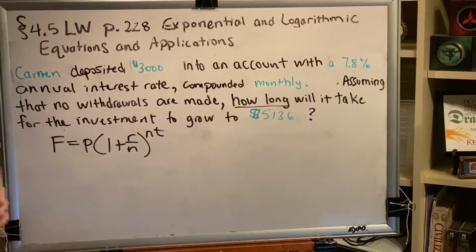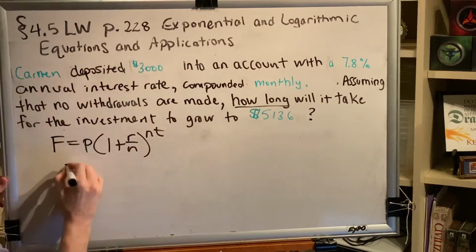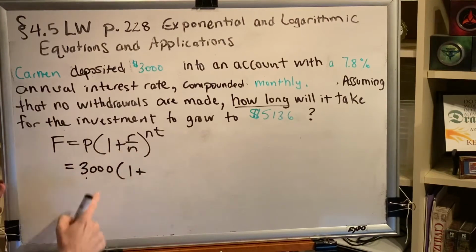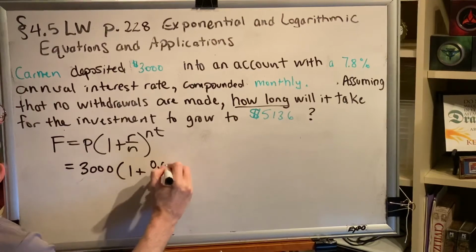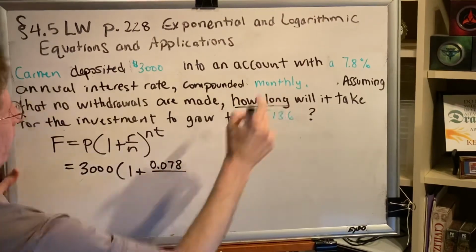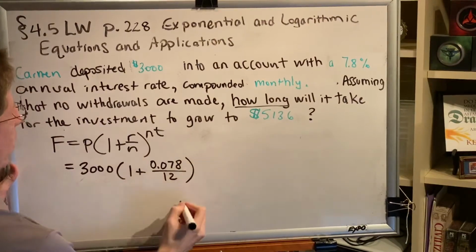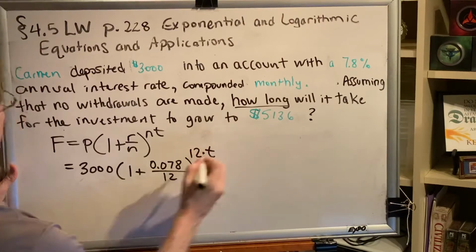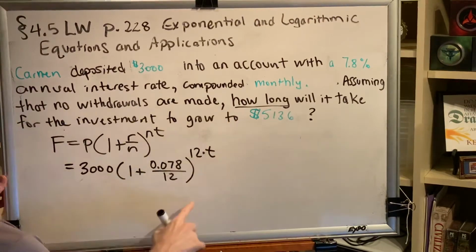Okay, great. New problem, same kind of solution. Here we go. So we've deposited $3,000. That's P. So we write 3,000 into an account with 7.8%. So that's 0.078 over N, monthly. There are 12 months in a year. My exponent is N times T, so that's 12 times T. T is what I'm being asked to find because it says how long.